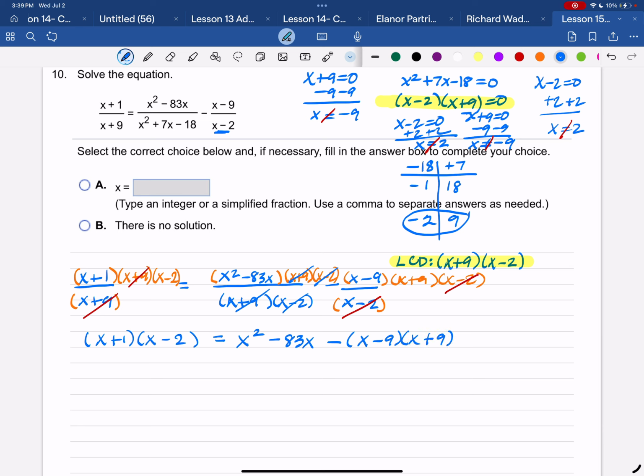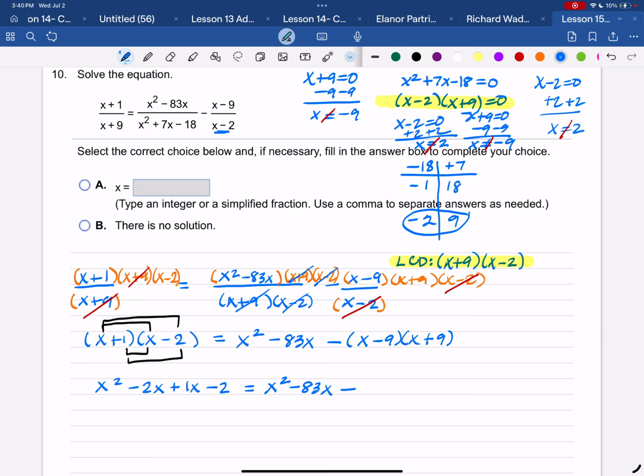So if I multiply out and simplify all this stuff, remember, first, outer, inner, last, I will get x squared minus 2x plus 1x minus 2 equals x squared minus 83x minus, now be careful, multiplication comes before subtraction.